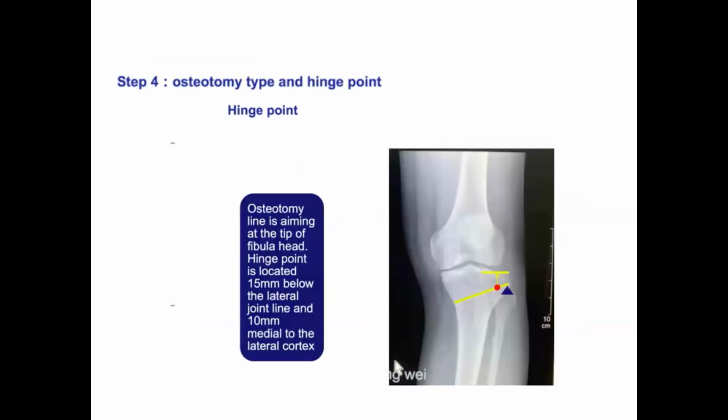What is the hinge point? It is 15 millimeters below the lateral tibial plateau and lateral joint line, and 10 millimeters medial to the lateral cortex. The line is drawn from the medial side towards the fibular head tip. The red mark shows the hinge point.